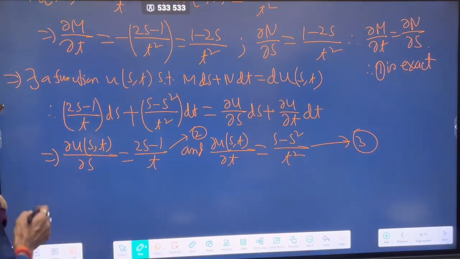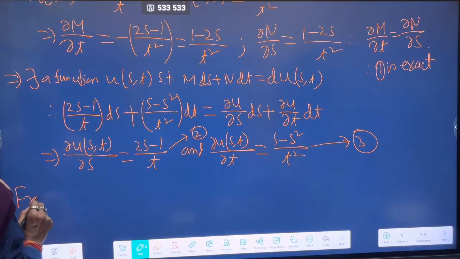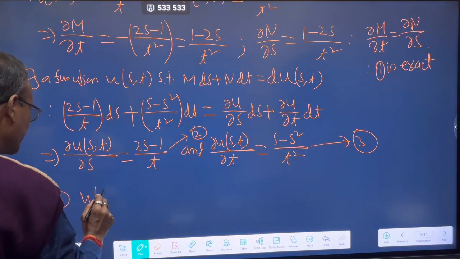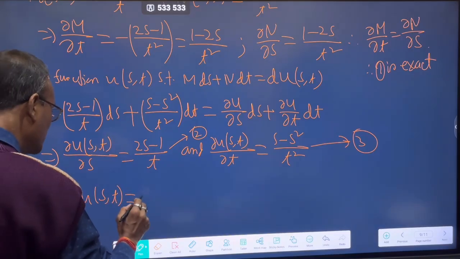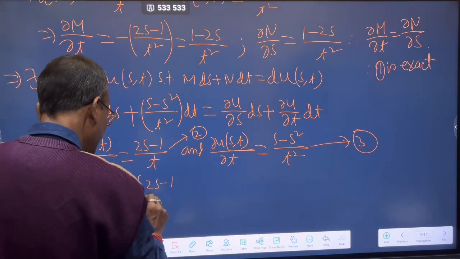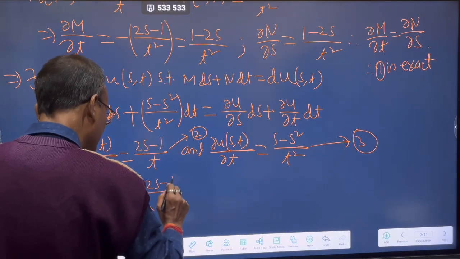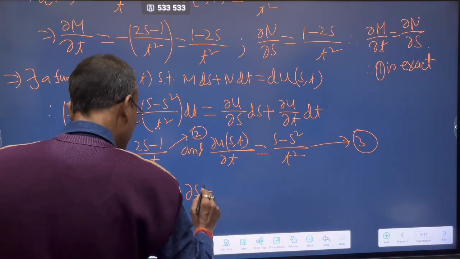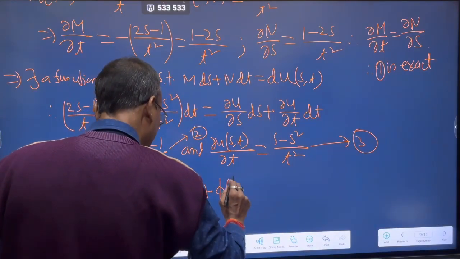From 2, u of s and t equal to integral twice s minus 1 divided by t del s plus phi, a function of t only.